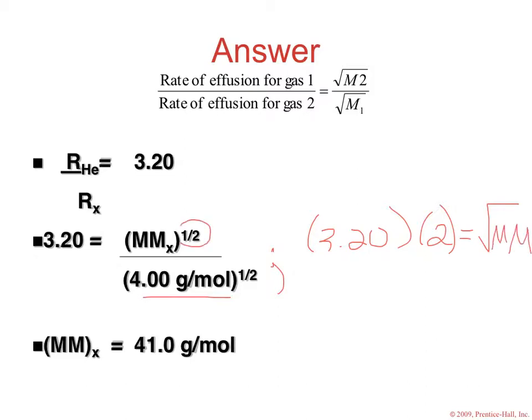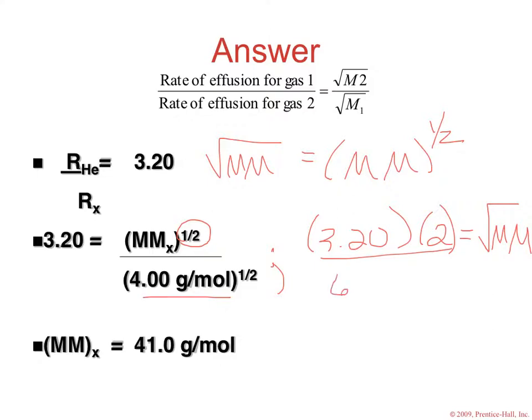I'm sure you already know this, but the square root of a molar mass is the same thing as raising the molar mass to the 1/2 power. Those are just two different ways of saying the same thing. Alright, so now simplifying this, 6.4 equals square root of the molar mass of the unknown gas. How do I get rid of this square root sign? I do it by squaring both sides.